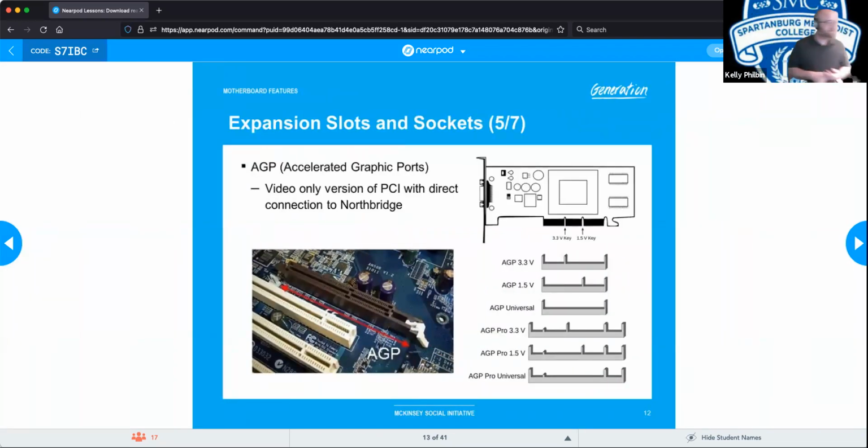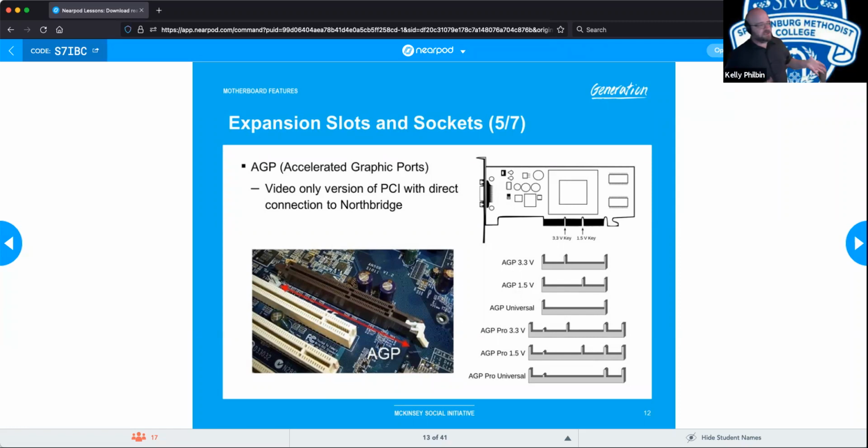Just continuing on, we spoke about this a little bit yesterday: the accelerated graphics port, or AGP for short, is typically brown on your motherboards, though sometimes if you're looking at a picture, especially black and white, it may appear to be black. This allowed us to start upgrading the video cards to allow for greater processing within the systems.